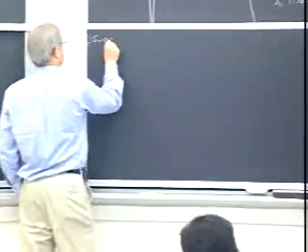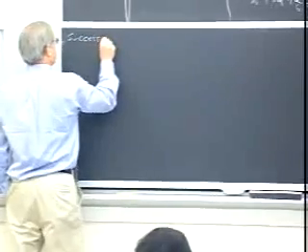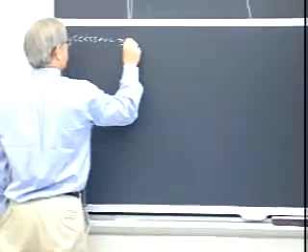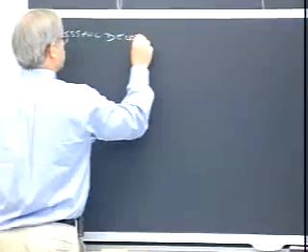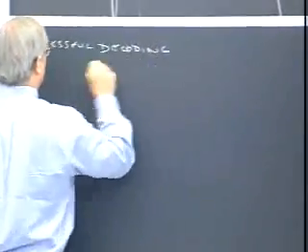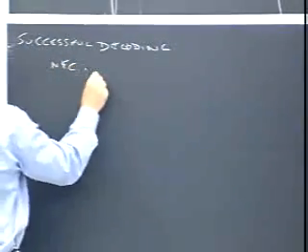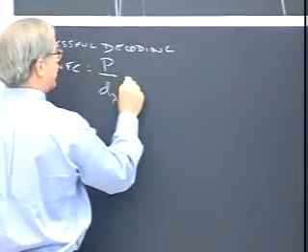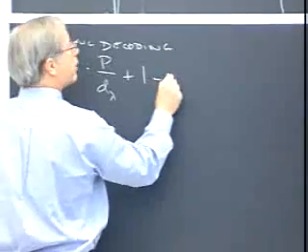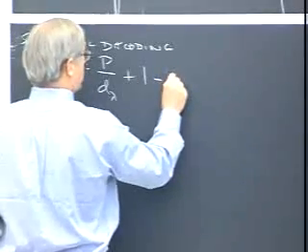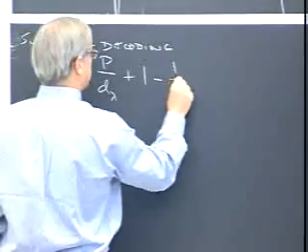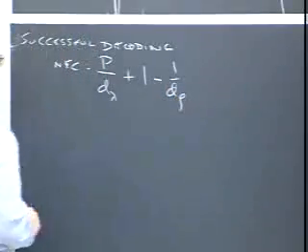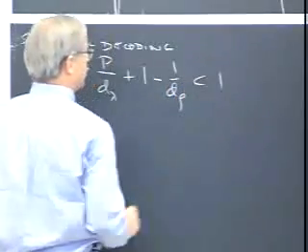So successful decoding, a necessary condition is that p over d lambda, let me just extend this to any regular code, plus 1 minus 1 over d rho has to be less than 1.